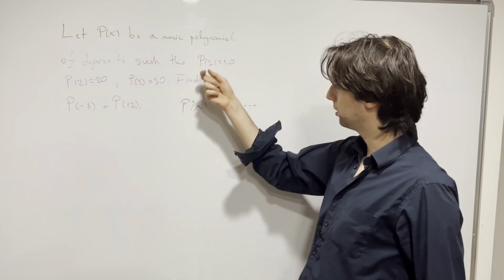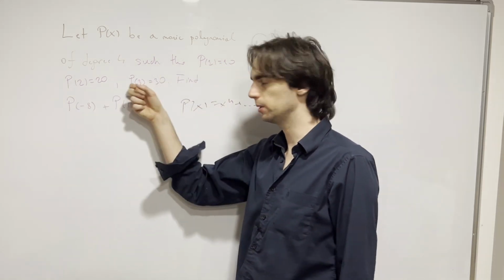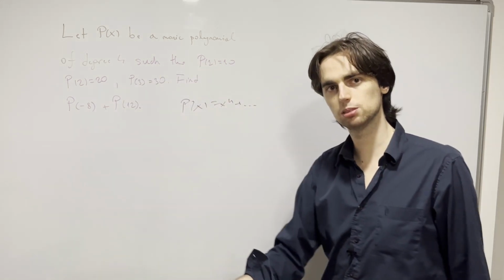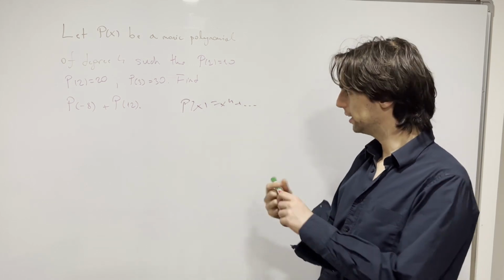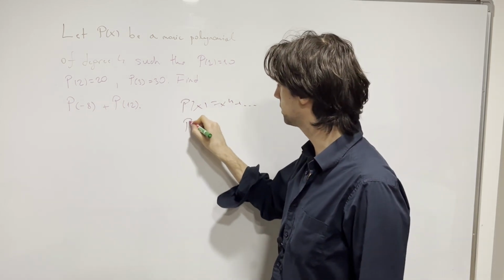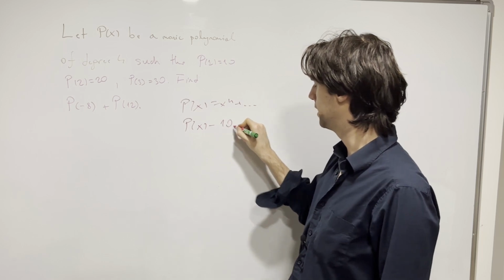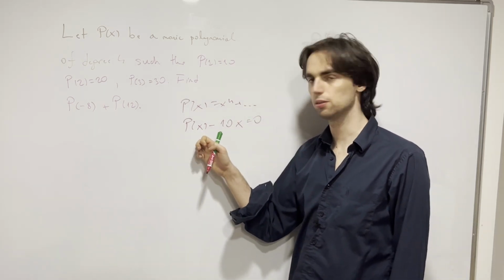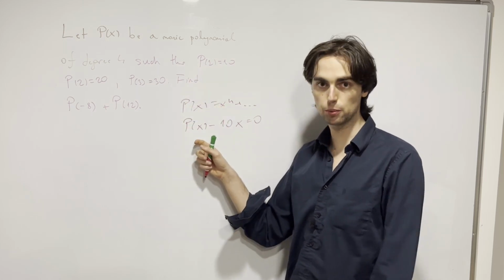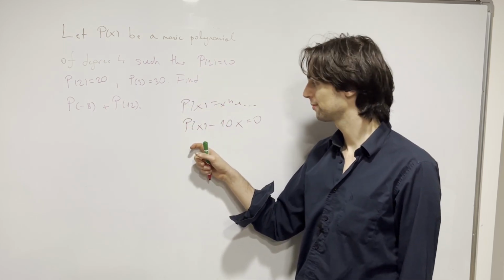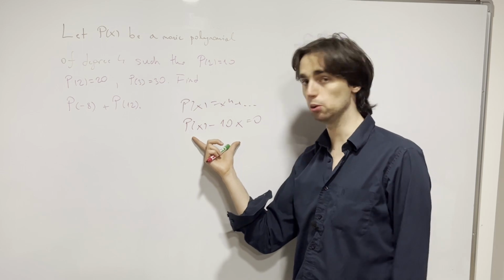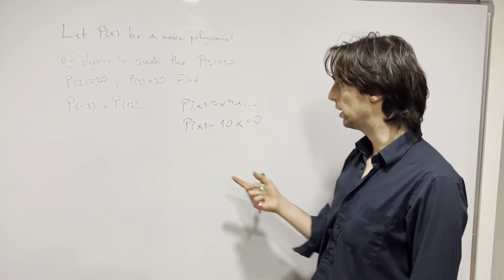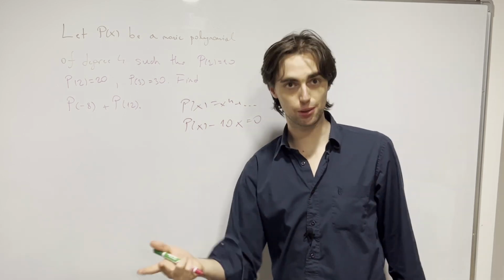So what is this? 1, 10, 2, 20, 3, 30. How do we get these numbers? Well, that is p of x minus 10x equals 0 for 1, 2, and 3. That's what this condition rewrites as. Now you can look at this as a polynomial q, and then you have q of 1, 2, and 3 are 0.